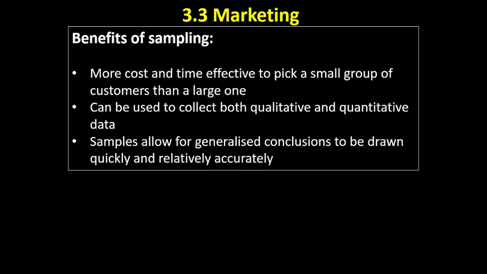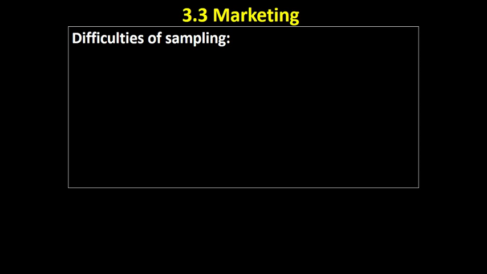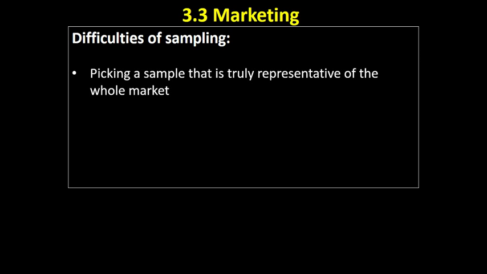And sampling allows for generalised conclusions to be drawn relatively quickly and relatively accurately, depending, of course, on the quality of the sample. So what are the difficulties of doing it? Well, picking a sample that's truly representative of the whole market or your customers: first of all, you've got to have an accurate idea of exactly who your customers are.